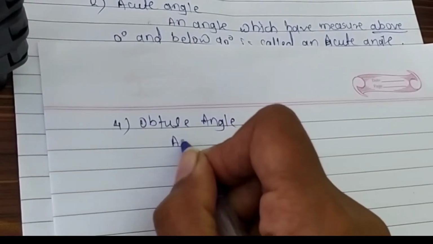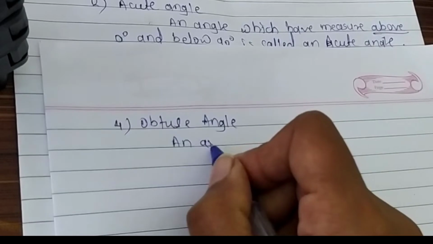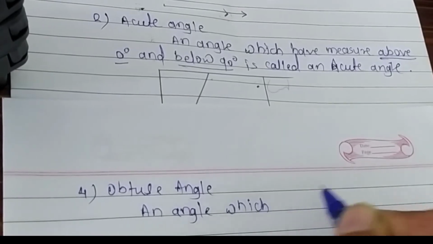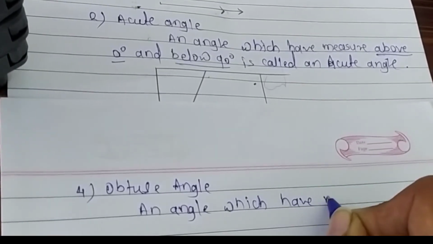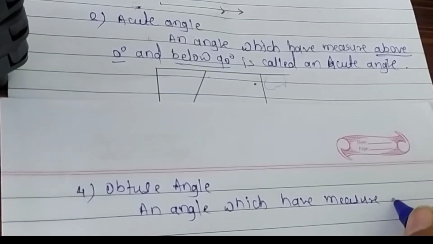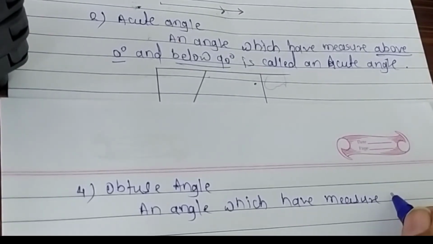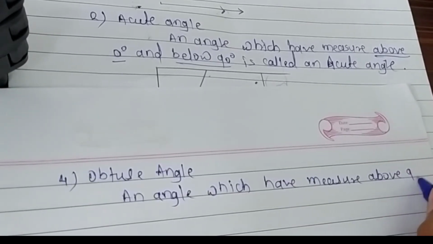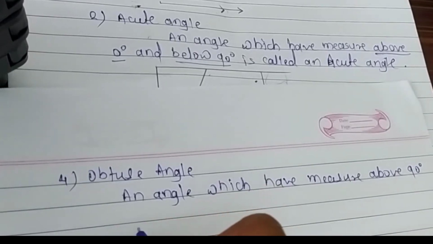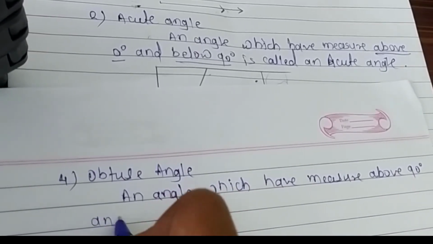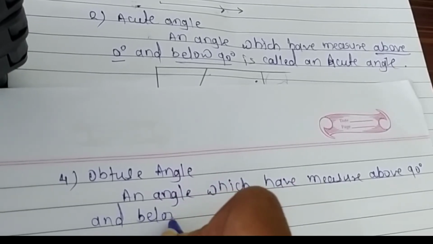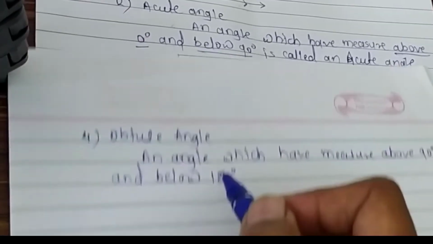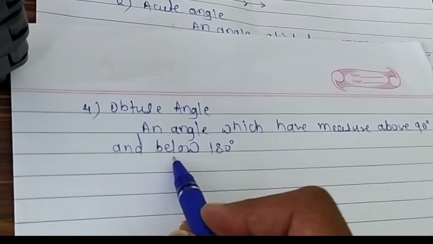An angle which has a measure above 90 degree and below 180 degree, or you can write here less than 180 degree.